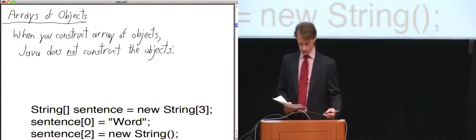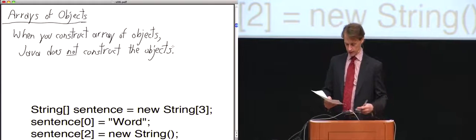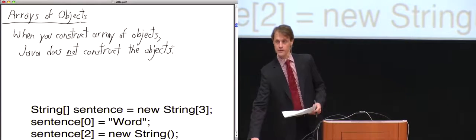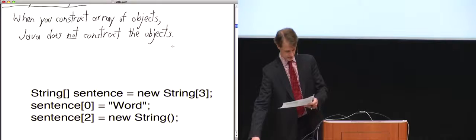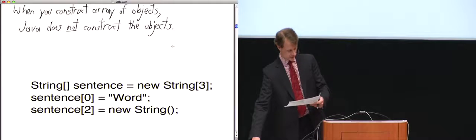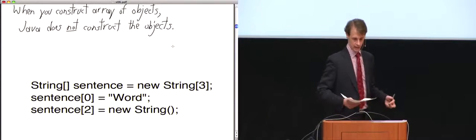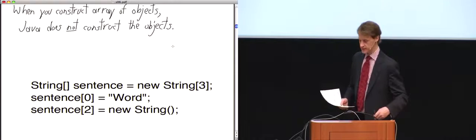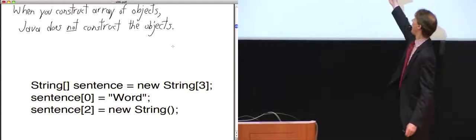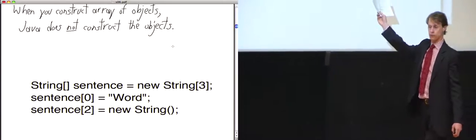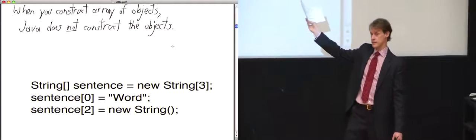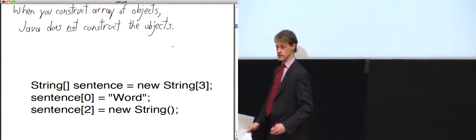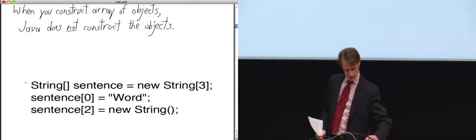What you get when you construct an array is an array of nulls, which means references that don't point to anything. So here's a piece of code, which I believe is on your handout. The first line constructs an array with room for 3 strings, but it doesn't construct any actual strings. So this first line here, what does that do?